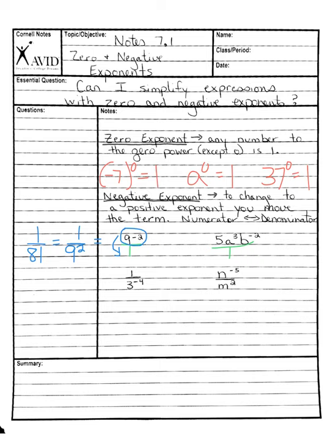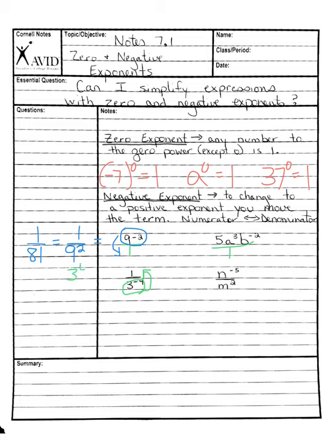Let's look at the one below it. We can't simplify if we've got variables necessarily where we get just a numeric answer. The variable might be part of our answer, and that's okay. Let's go ahead and look at the one right below that problem. If I have 1 divided by 3 to the -4th, I'm going to circle what my negative exponent is. I'm going to move it. It's in the denominator, so we're moving it to the numerator.